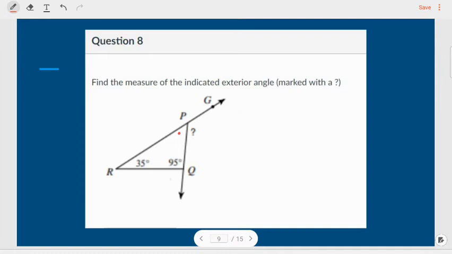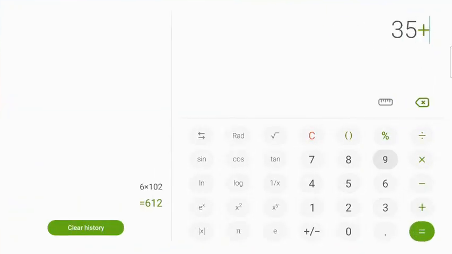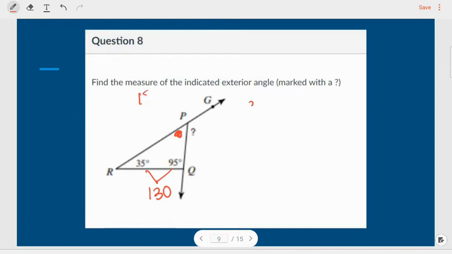Let's try that. 35 plus 95 is 130. Let's write that down. And to get this last remaining inside angle, not the outside one, that's what I want for my answer, but the inside, I'm going to take 180 minus 130, which gives us a grand total of 50.